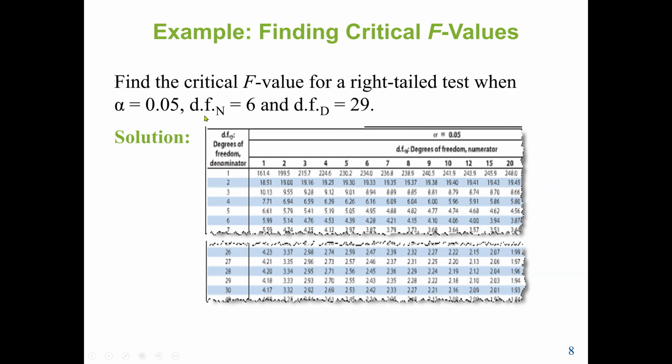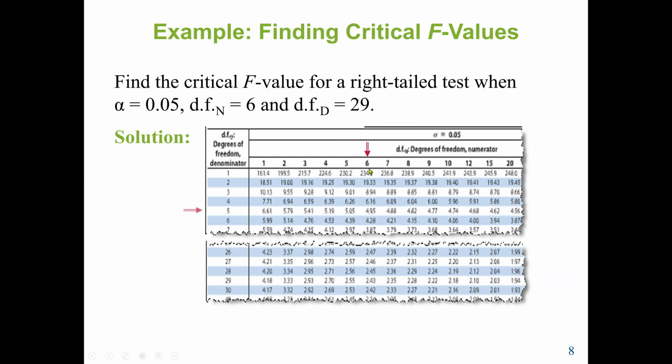So let's look for the degree of freedom for the numerator first. The numerator will be 6, so we are in the 6th column here. Denominator is 29, so I'll go all the way down to 29. So the value will be somewhere around, I think, 2.43. But let's see.